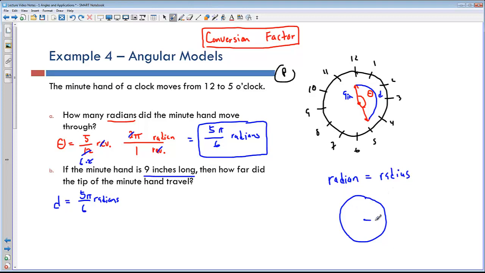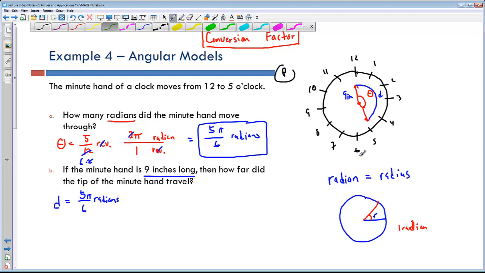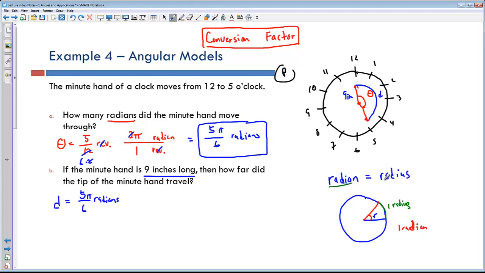Every circle has a radius, and if you measure off a single radian, so if that angle right there is 1 radian, do you know what this green distance is? This green distance here will be 1 radius. That's the actual definition, in a sense, of a radian, which is really nice. If you have a radian, it means 1 radius.